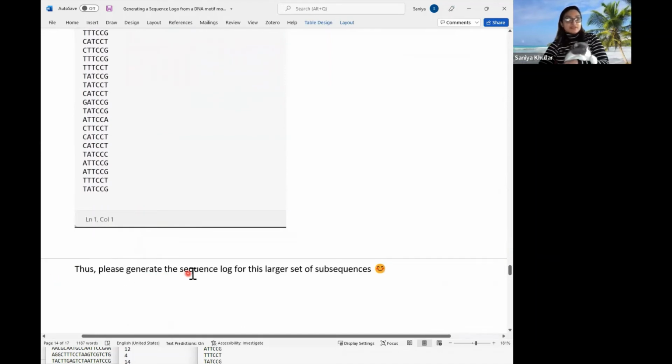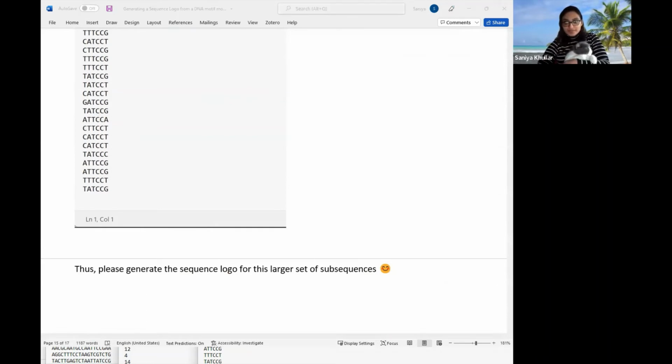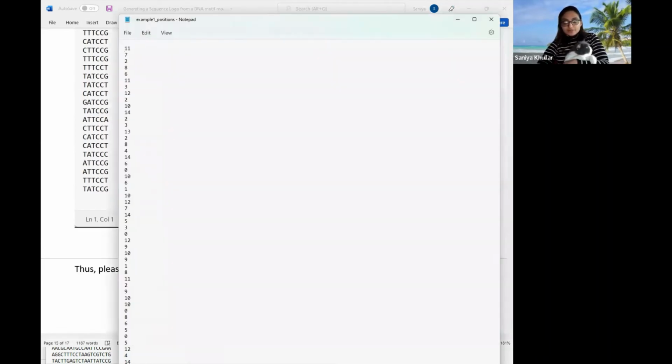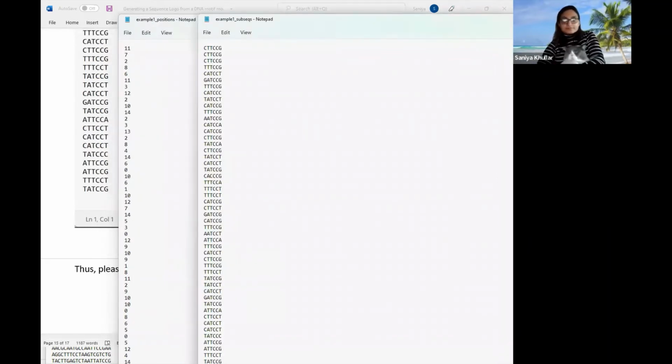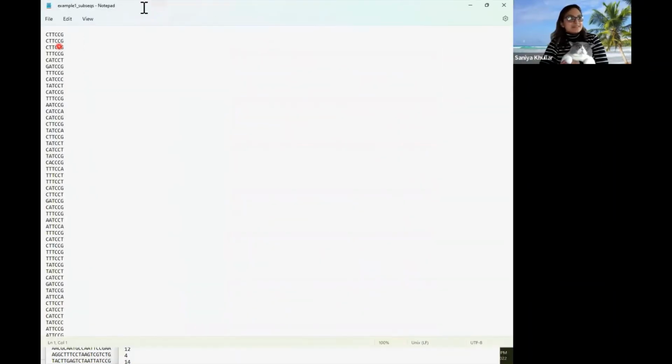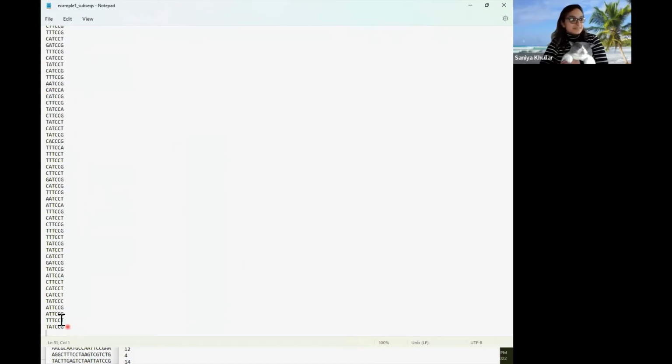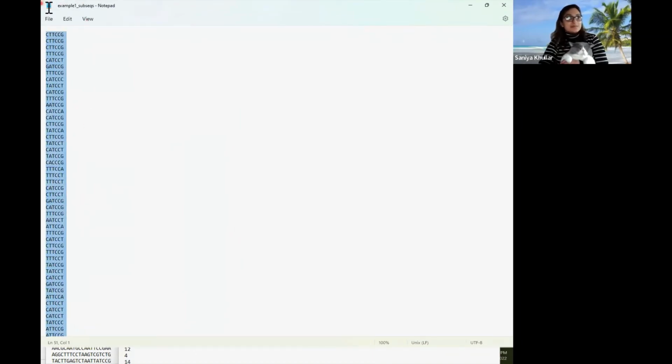And we're going to generate the sequence logo for this largest set of subsequences. So I'm going to take these subsequences that I learned, these 50 here, and put them into the sequence logo generator that we were looking at, WebLogo.